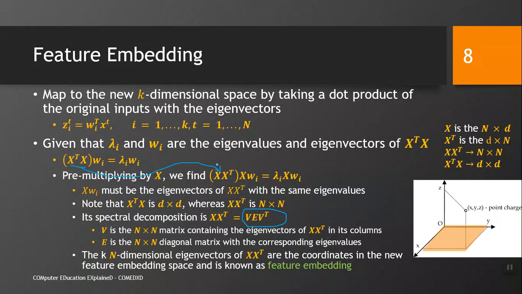This is the trick over here, and then if we have changed it into this form, we can decompose this into V E V transpose, where V is the new eigenvector matrix, and E is the new eigenvalue matrix.